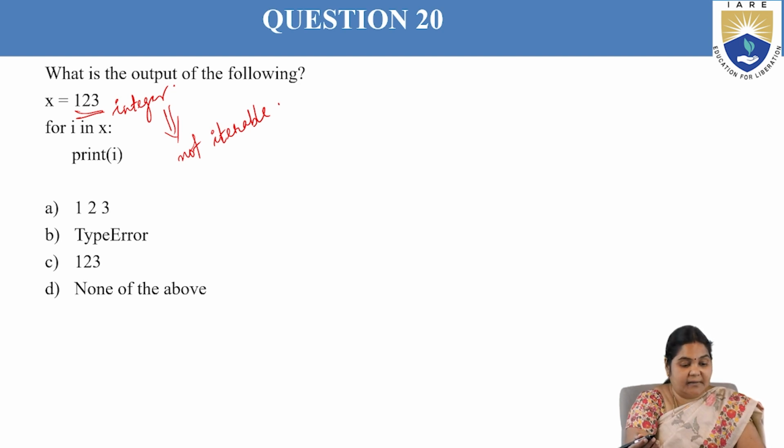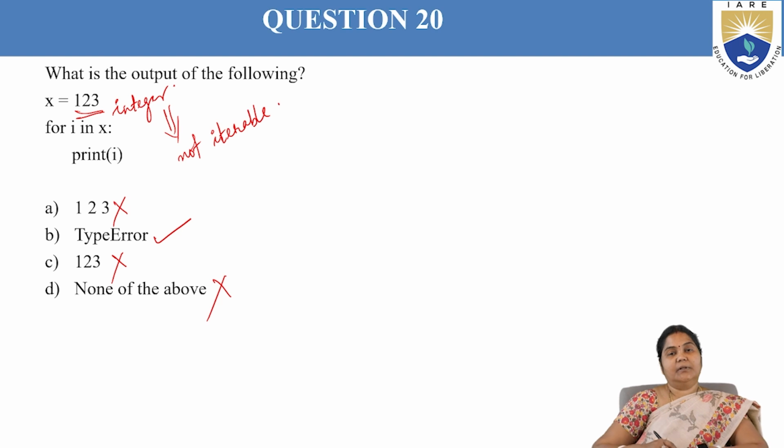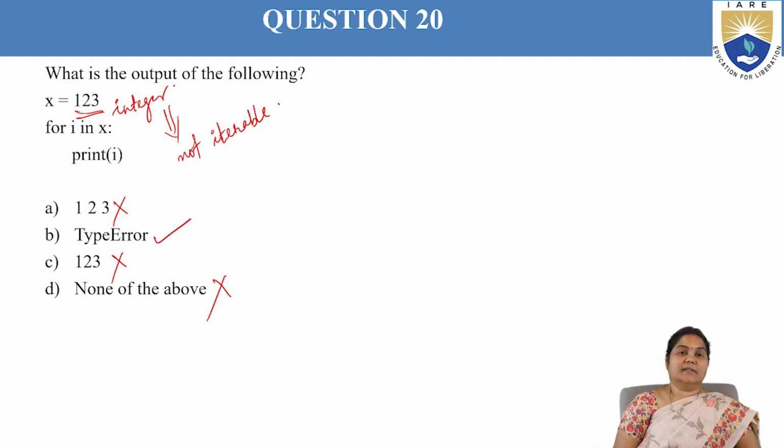It cannot be iterated. So this is an error related to data type. You will get type error as the output. So the others are invalid and only type error is correct. There is a data type error here, that integers are not iterable. So you cannot use an integer to iterate over a for loop.